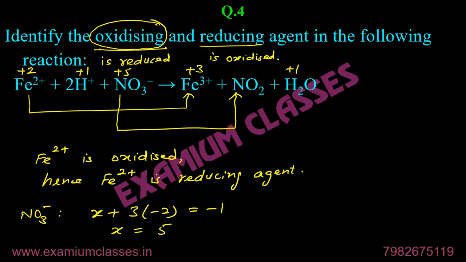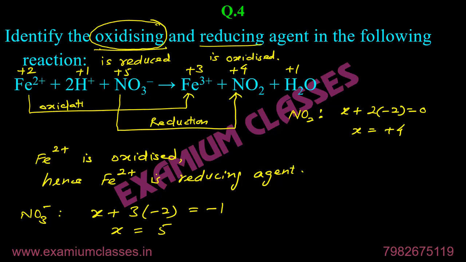Now consider NO2. X plus twice of minus 2 equals 0, X equals plus 4, which means it is reduction. Means NO3 minus nitrate ion is getting reduced, means it is oxidizing agent.